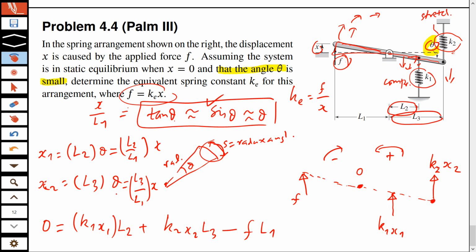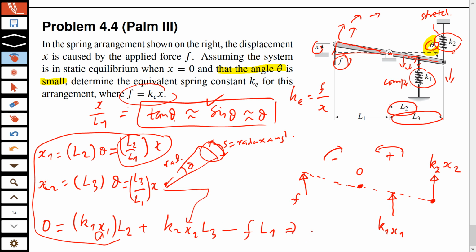And now we can say that okay, x1, we will bring this expression here, and this expression will come here, and if we solve this equation we will have an expression between F and x. That will be your Ke.